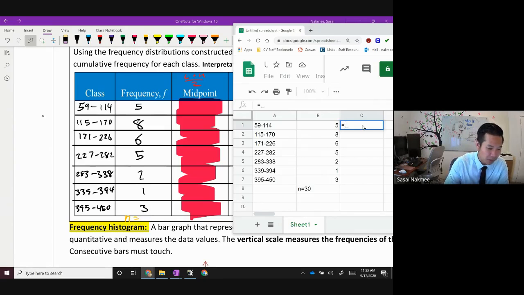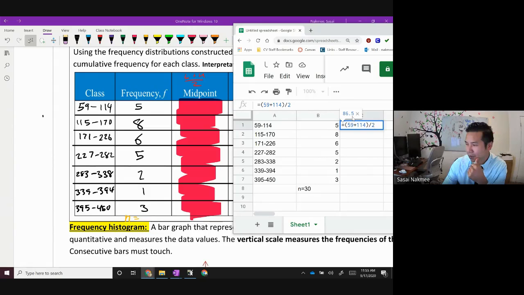You see how equal comes up in my box right there? Once you type in equals, you can tell it what numbers you want it to do math with. And the numbers I want it to do math with is going to be 59 plus 114. And then I want it to take that and divide that by 2. So you see how I typed this in there with my keyboard? And I got my midpoint to be 86.5.